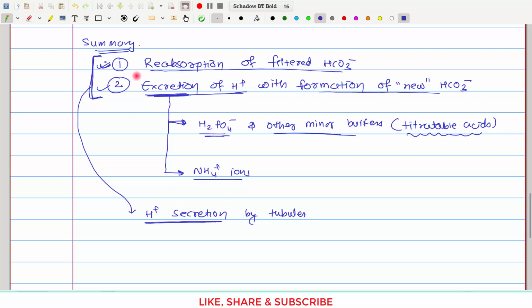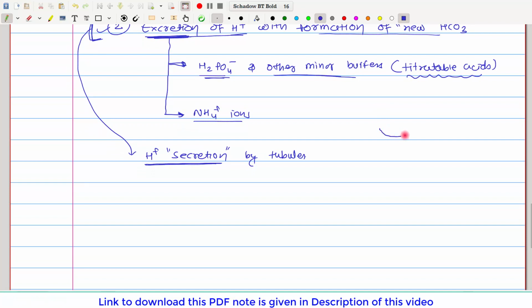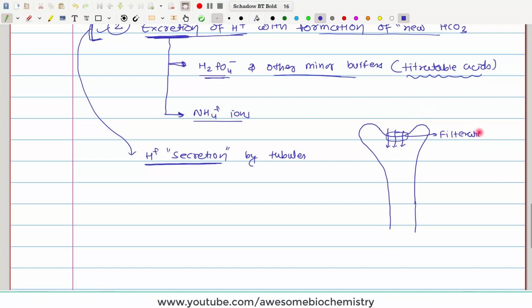Now if you are wondering that the words excretion and secretion are confusing, then let me clear these two words first. See, this is the nephron, right? So we know that the filtrate comes into this Bowman space, Bowman capsule, and we call this process filtration. Now this is the tubular system.